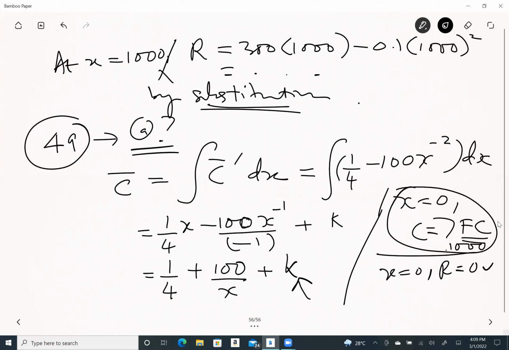But in this question, you have average cost, and you are given 1 point. So you use that point to find the value of k. So what are we given? You are given at x equal to 20, what is the average cost? Average cost is 40. So we can find k.